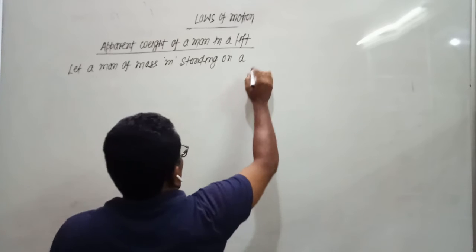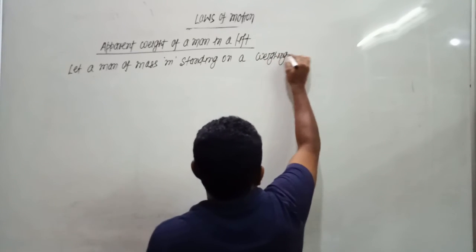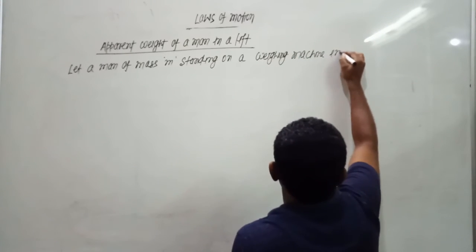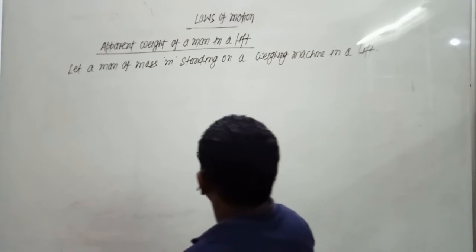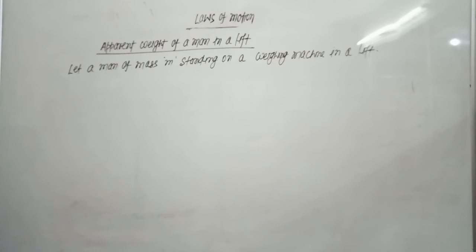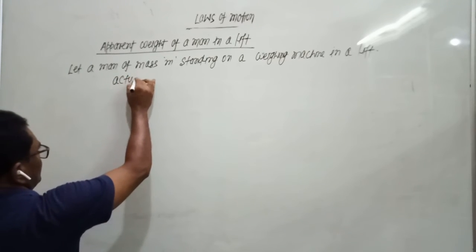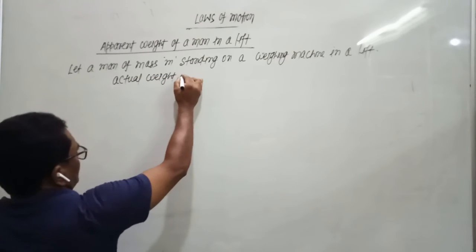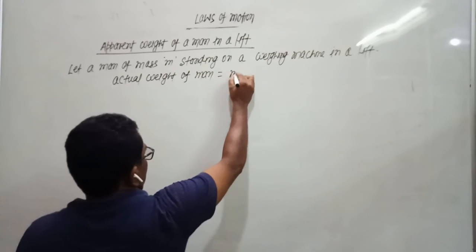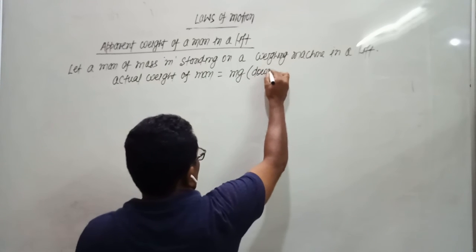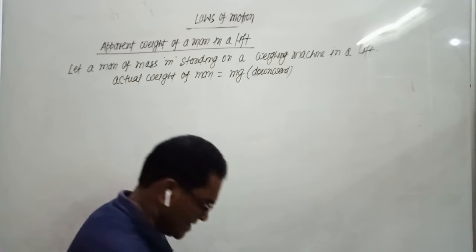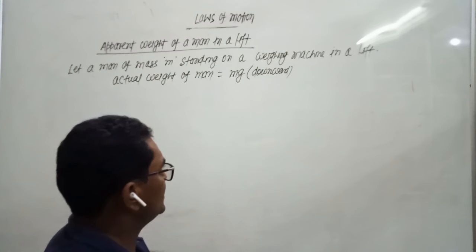We know that the actual weight of the man is given by mg, which acts in the downward direction, in the direction of acceleration due to gravity.